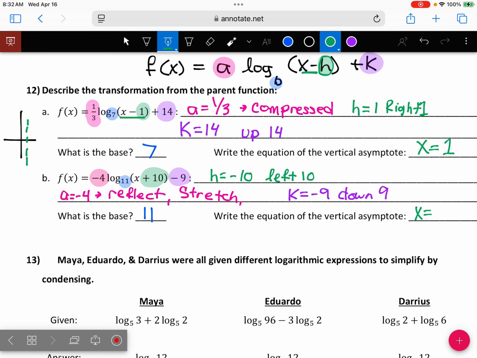X equals, careful, careful, -10. Because we took our whole graph and picked it up and scooched it 10 spots that way. So that means our asymptote's now over here instead of being on our 0. So we scooch it left. Our H moves our asymptote.